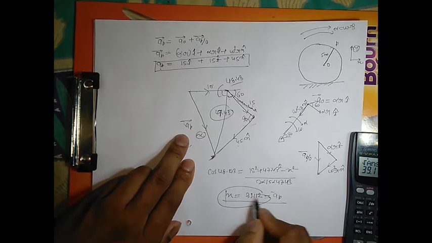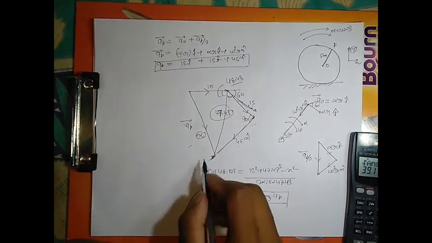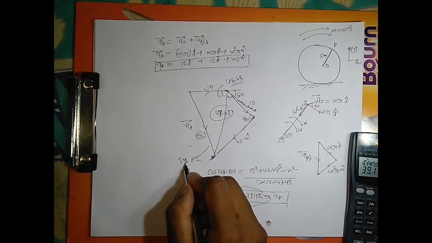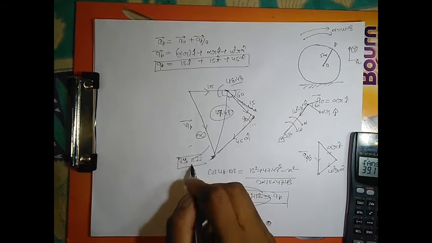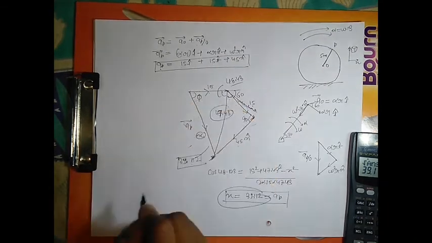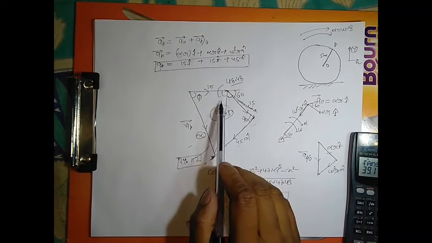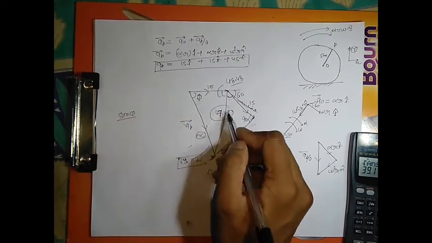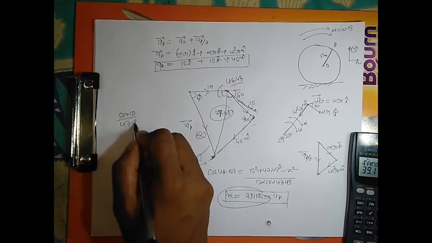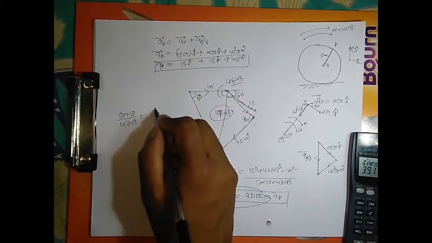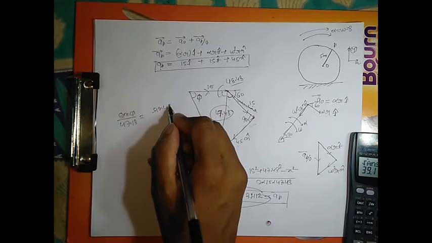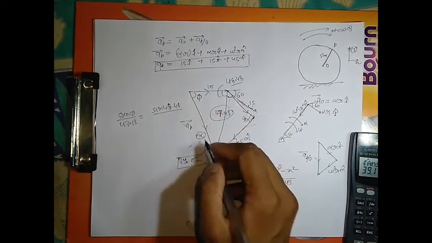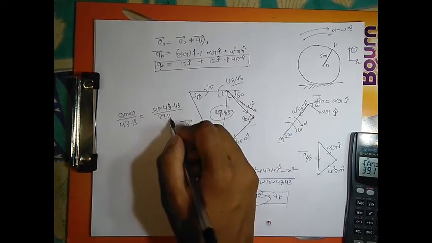If you want to find the direction, you can also find the direction, because you got this length, 39.112. If you want to find this angle, how can you find it? Look at here, sine law: sine phi divided by this length 47.43 is equal to sine 48.43 divided by this length 39.112.